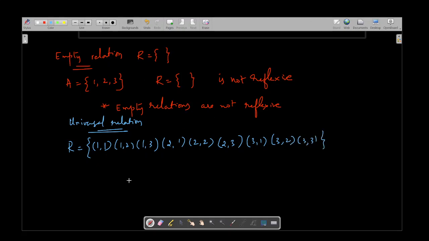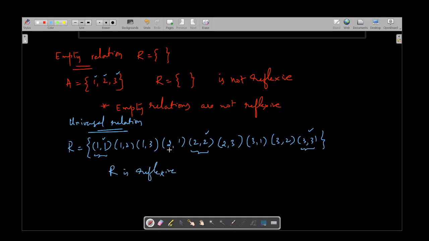Let us see whether it is reflexive or not. The elements are 1, 2 and 3. 1 is related to 1, 2 is related to 2 and 3 is related to 3. So all the elements of A are related to themselves. So here R is reflexive.